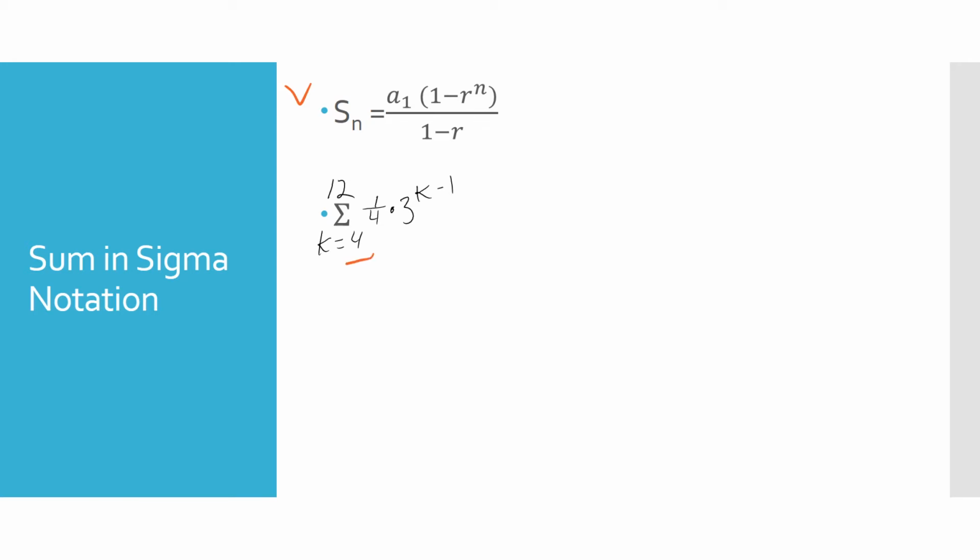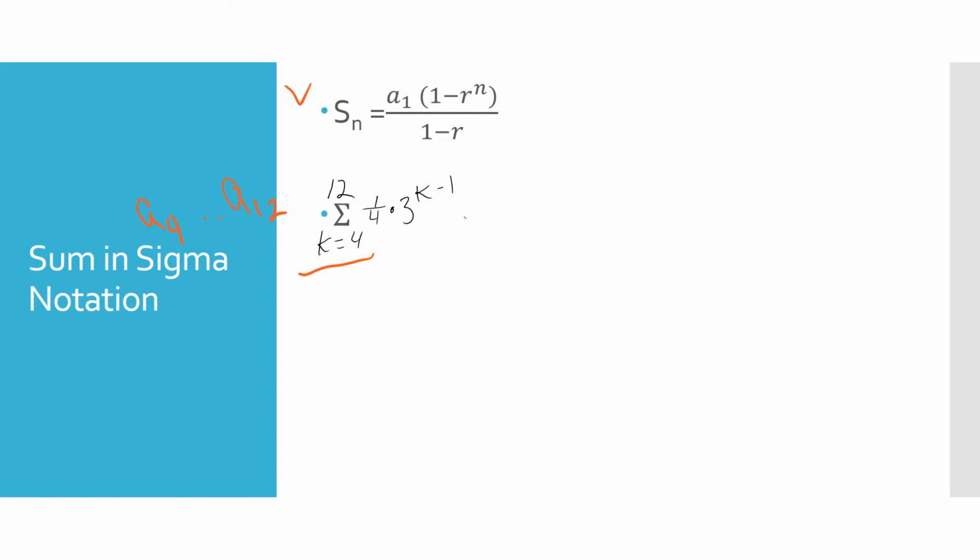This k equals 4 really means that, beginning with A4 through A12, this is the sum of the geometric series that we are going to calculate.